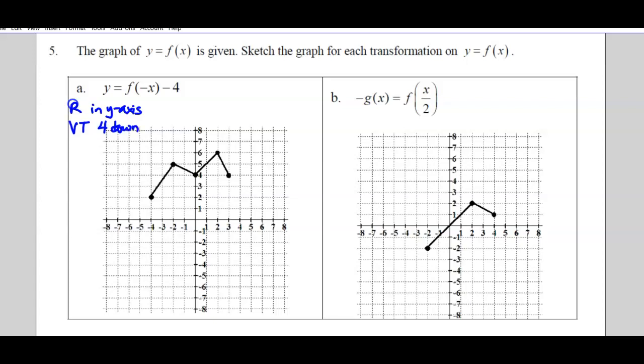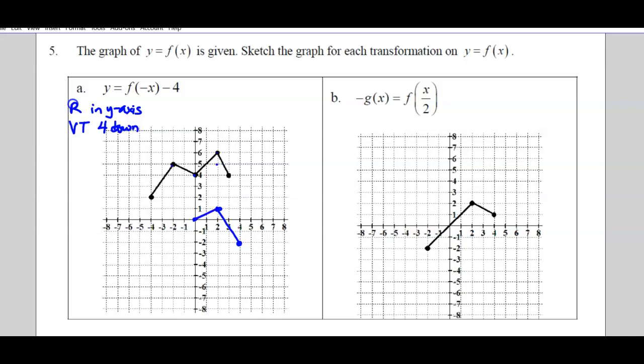So take the first point, reflection in the y-axis, negative 4 becomes positive 4, and then translate 4 down. This next point here, the x value is negative 2, reflect in the y-axis, it's positive 2, and then 4 down. And join as I go. Next point here, reflect in the y-axis stays the same, and then 4 down from that. Point up.